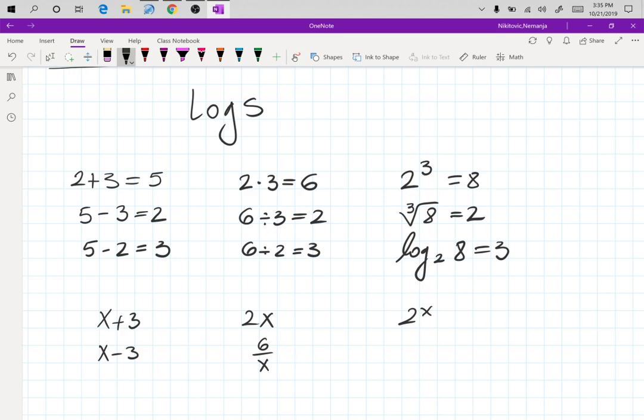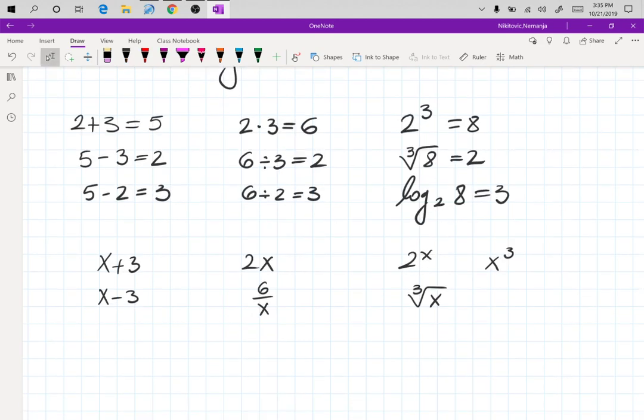You can also replace 2 with x and then have x cubed and have a polynomial. Then you can have your cube root of x, which would be a radical function because it's under some kind of radical. And then finally, we get to the one that we actually want to discuss, which is y equals log base a of x, which is called a logarithmic function.